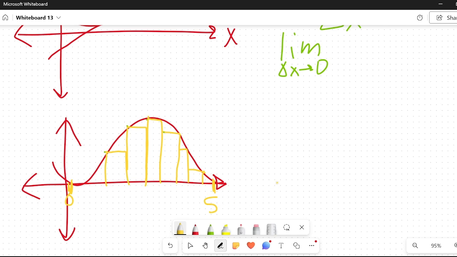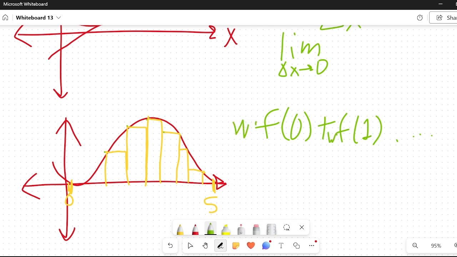Essentially what we'll do is f of 0 plus f of 1, and so on and so forth, till we get to f of 5. If we're taking bigger rectangles, then we will multiply by the width, so width times this, width times that, and so on.